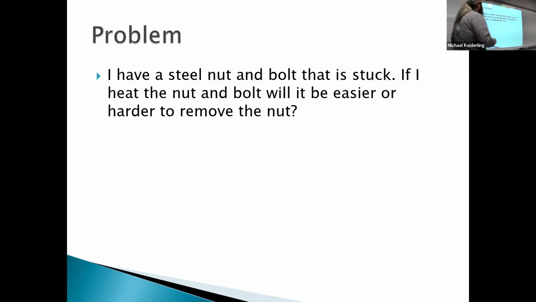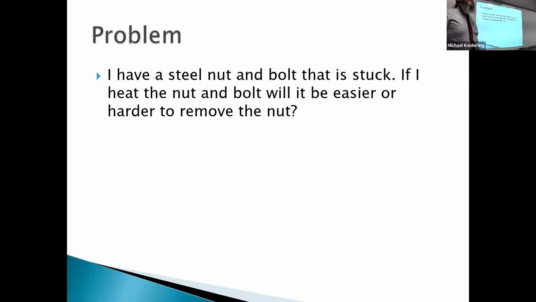Here I have a steel nut and bolt that's stuck. If I heat the nut and bolt, will it be easier or harder to remove the nut? So when I heat this nut and bolt, both of them will expand.